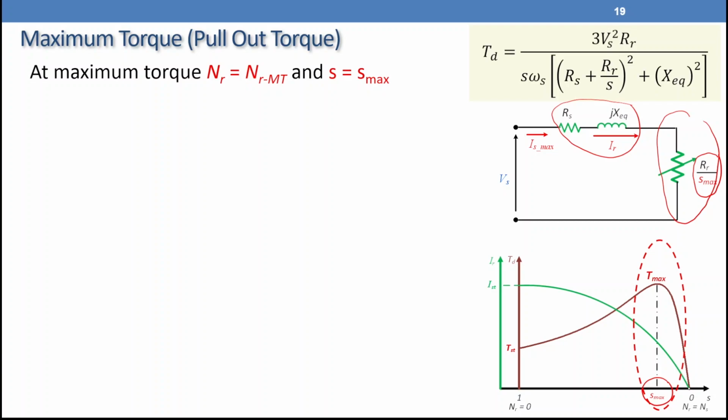So what will be the case if your load is pure resistance, something like a boiler, for example? In this case, the load resistance should equal the square root of R Thevenin square plus X Thevenin square.